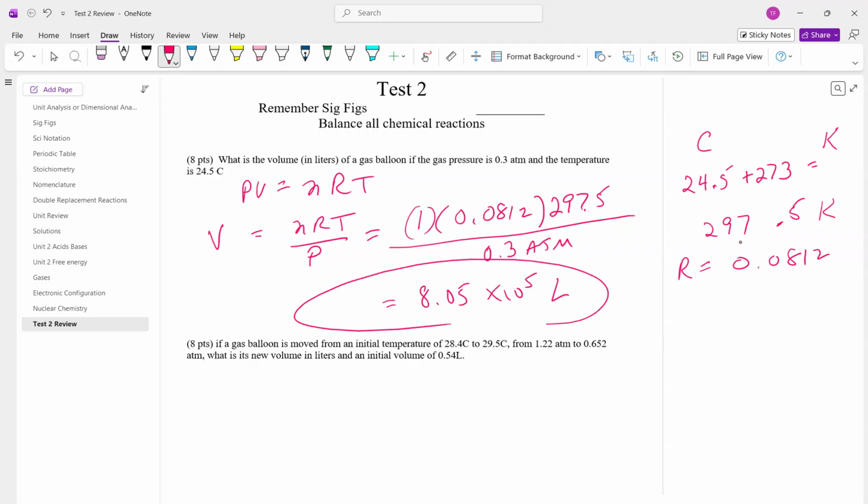Now, N is if you add gas atoms, or if you take gas atoms away, that's where N comes into play. But if it's just a balloon where gas doesn't enter or leave, it remains the same at 1.